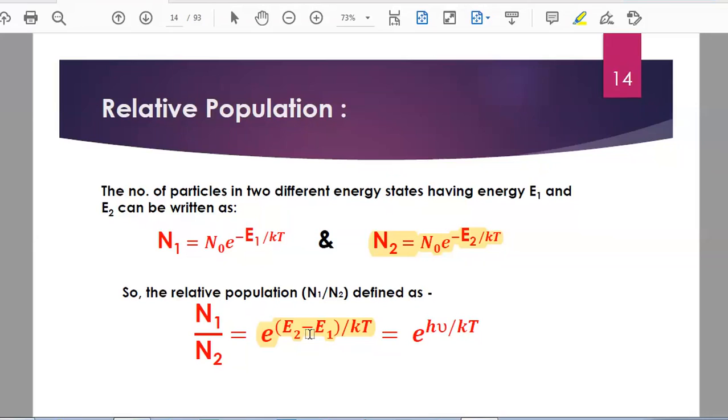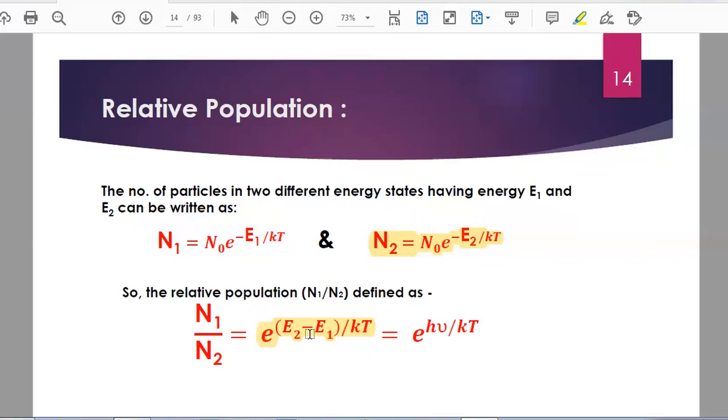So this E2 minus E1 is the amount of energy you are supplying from the external source, and we denoted that amount of energy with h nu. Again, I told you this h nu is not only for a particular light; it depends on the frequency of the source. So whenever we talk about h nu, some people also call it delta E.